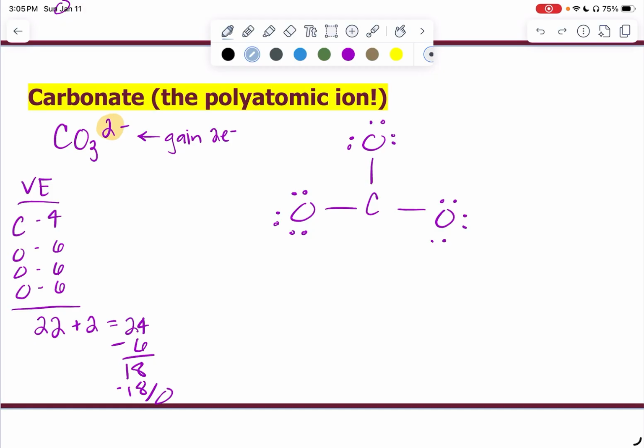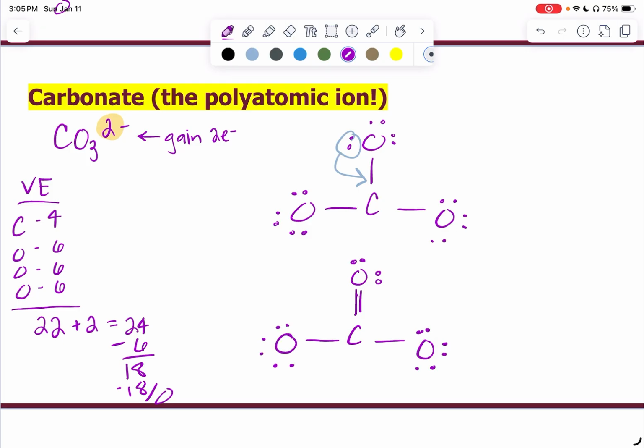Well, it doesn't really matter. Just pick any pair. I'm going to grab these ones and scoot that down. Now I'm going to redraw. Oxygen, double bond, pair, pair, pair, pair, carbon, oxygen here, here, and here.